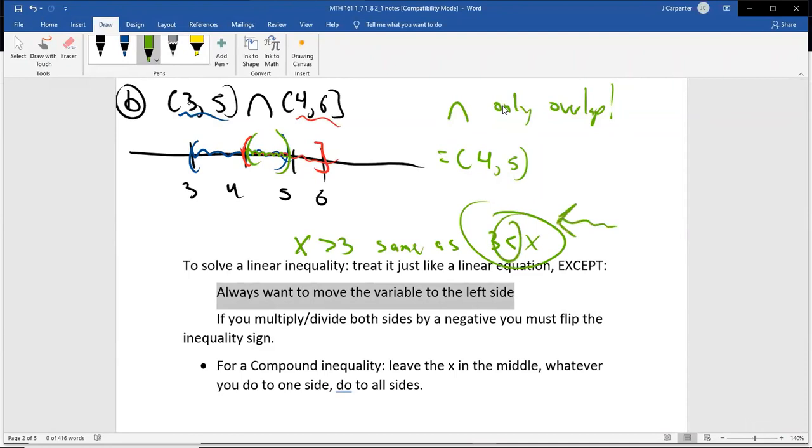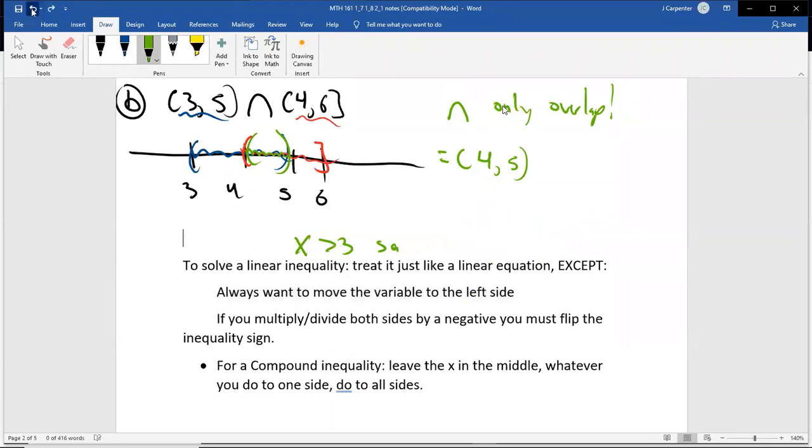But in reality, the solution oriented correctly is x is bigger than 3. These are the same statements, just mirrored, which means you should have been shading to the right instead. So that's an important thing to get used to. Now, if you are advanced and can get it right without moving the x to the left, I won't punish you, but trust me, 80% of students that don't do this end up getting their interval notation backwards.